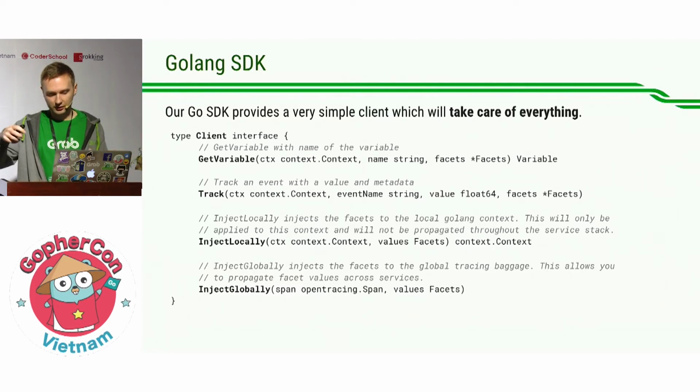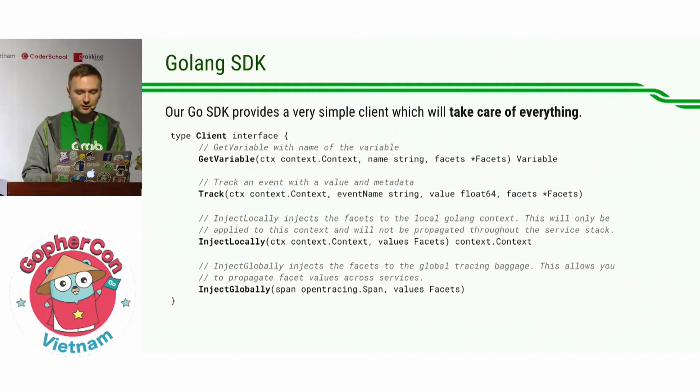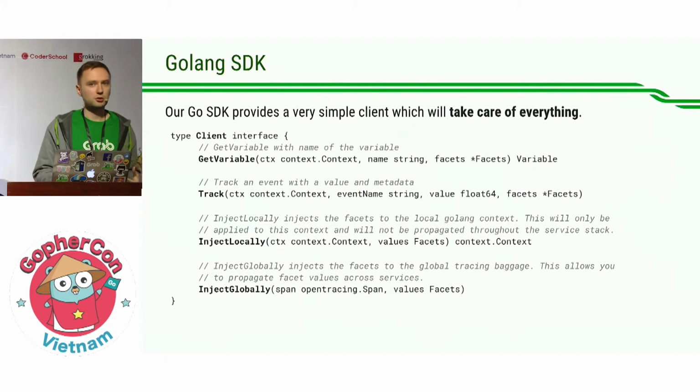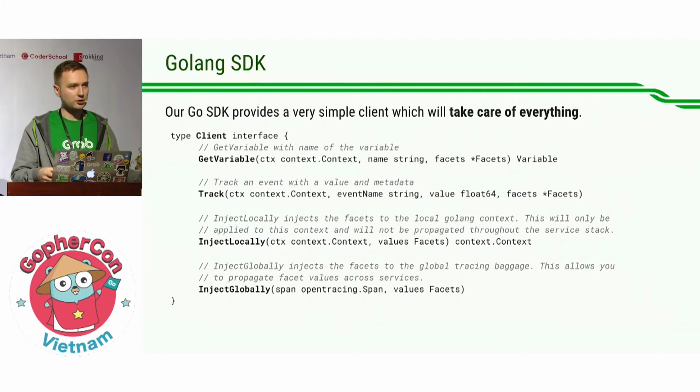You can inject those facets into a Golang context, and we'll create a new Golang context which carries over the function call. On top of that, we can also inject globally. We use OpenTracing, and we can inject some context in OpenTracing, so it can carry through microservice calls as well.